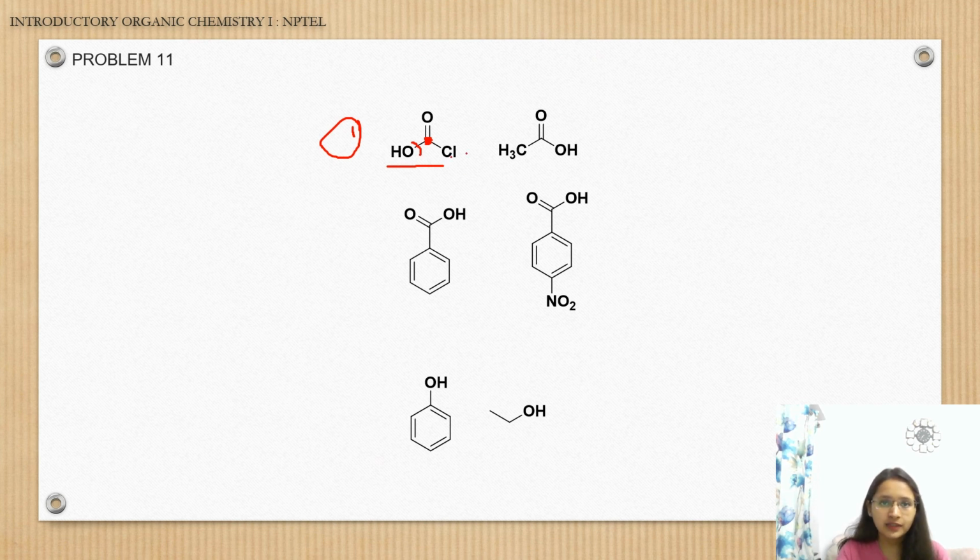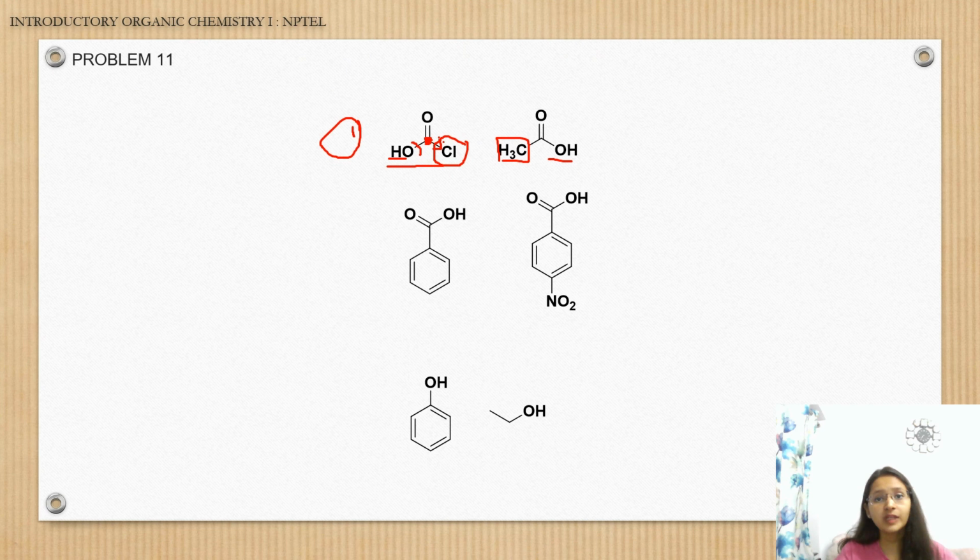This Cl is an electronegative atom, but the OH is fixed, only the R group is varying. Here methyl is present and here Cl is present. Chlorine is obviously more electronegative, but methyl is electron releasing. Here this Cl attracts the shared pair of electrons towards itself because of its electronegative behavior, so this carbon becomes more electropositive. More electropositive means OH is more labile, so OH is more polar.